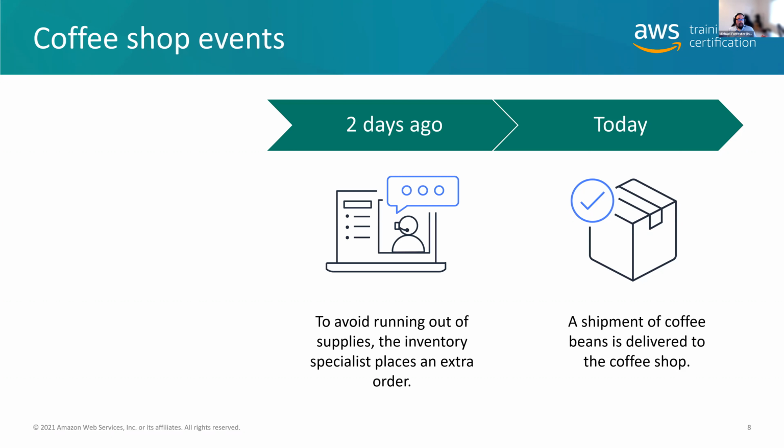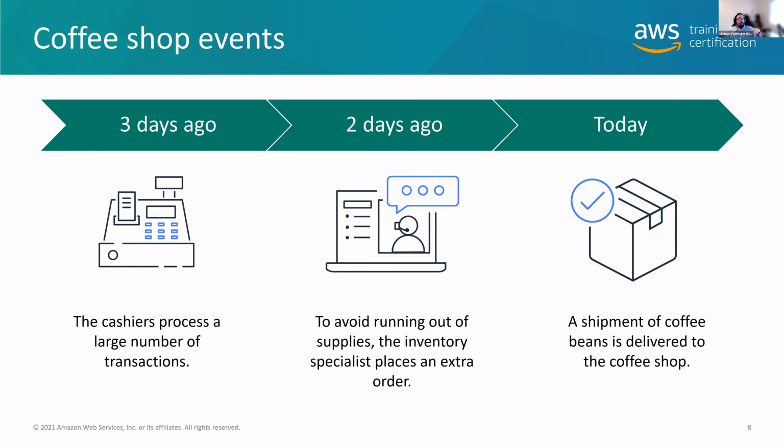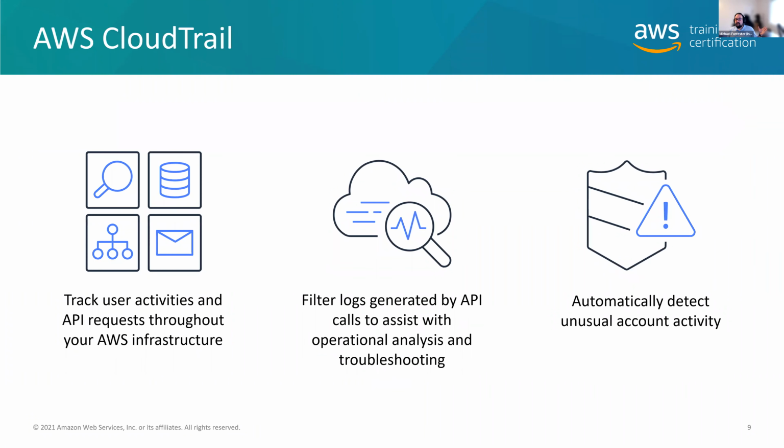So you go back through the records and you realize that the inventory specialist placed an order. Well, why did they place an order? Well, what happened is 3 days ago, you had a busier than usual day and you were going to run out of coffee. This is what CloudTrail is used for.